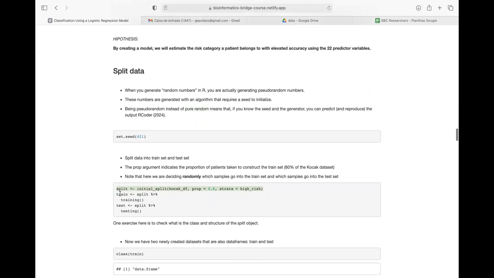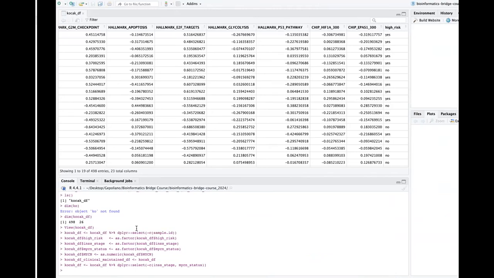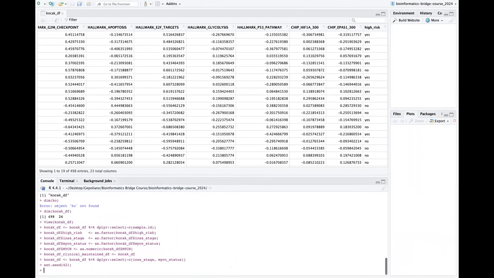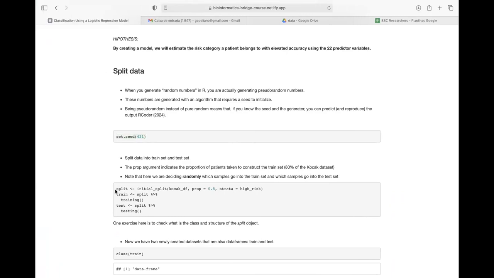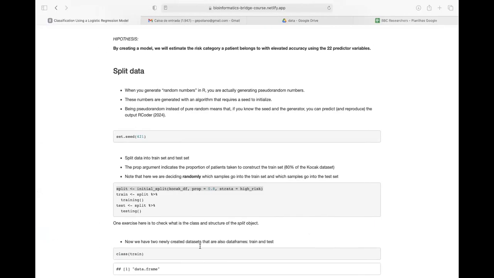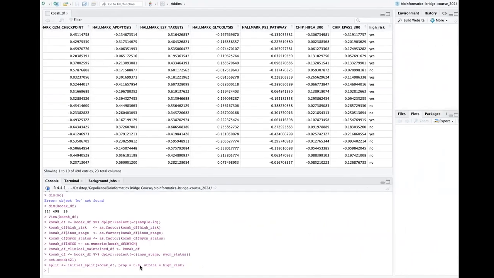And now we can construct one. And by the way, I did not run the seed set here. So I'm going to do that now. I'm going to copy this line and run it now. And now we can construct the train set.